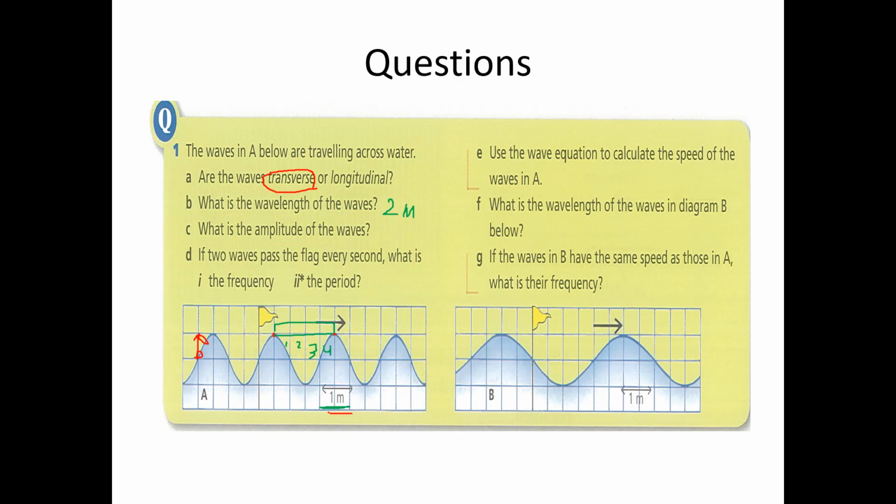Again, we depend on this scale, which says each 1 square is 0.5. 2 squares are 1. How many squares do we have from this point to this point? It's only 1. So the amplitude here will be 0.5 meter.